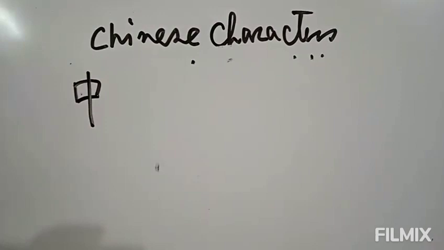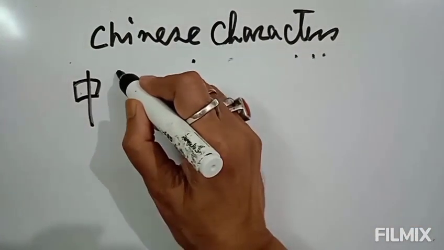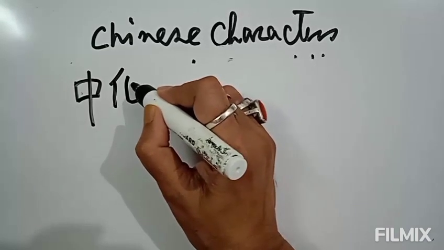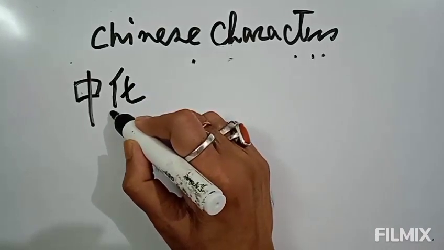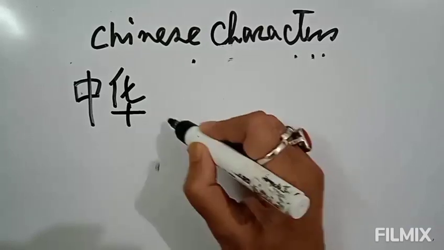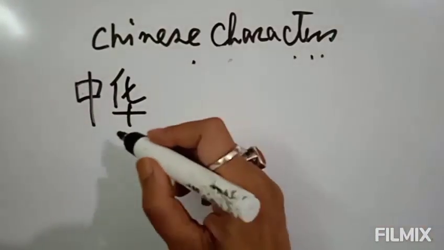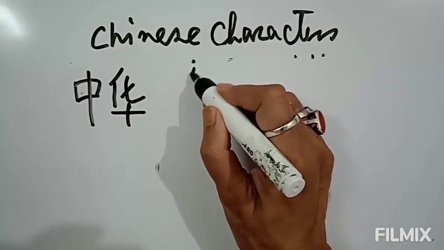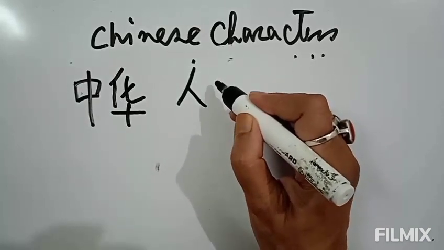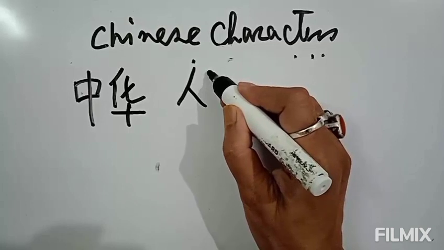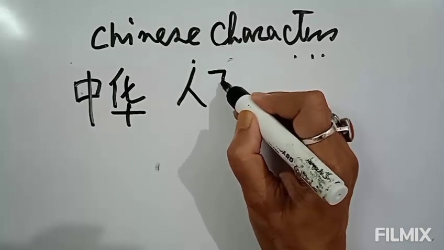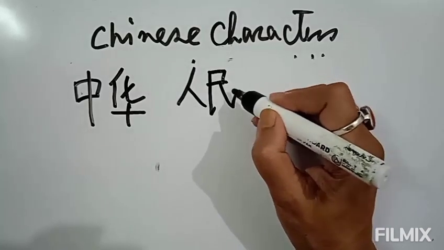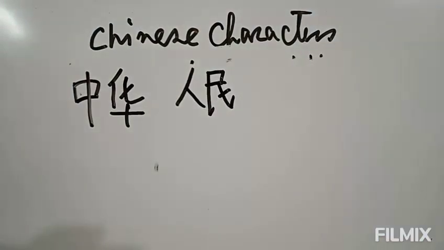This is Zhong. One, two, three, four. Zhong. Zhonghua. Zhonghua. Okay. Now Ren Min. Ren. Min. Zhonghua Ren Min.